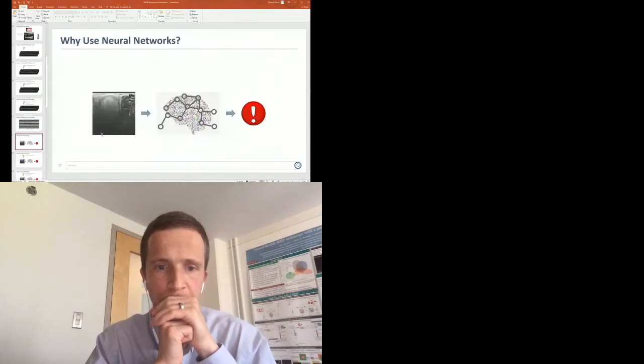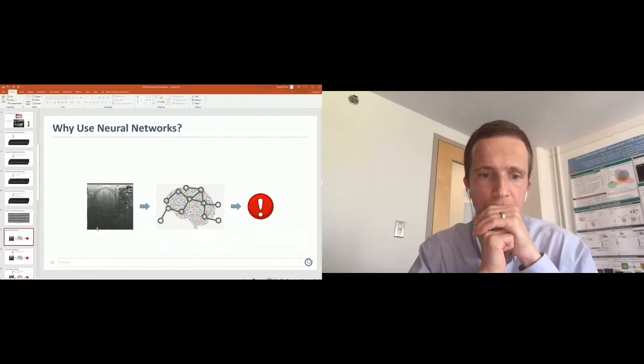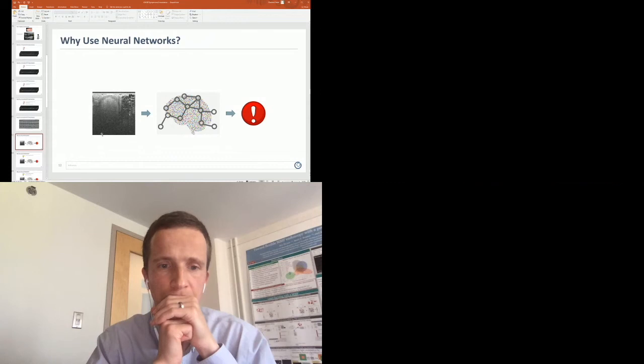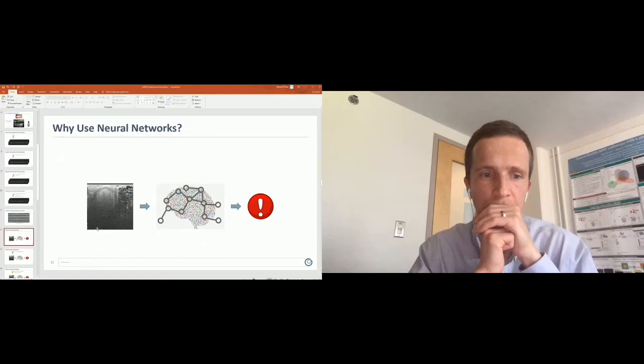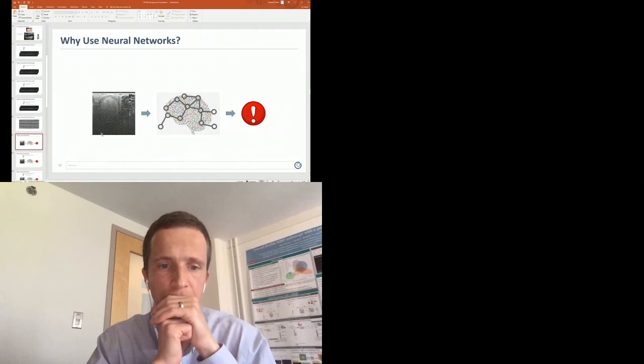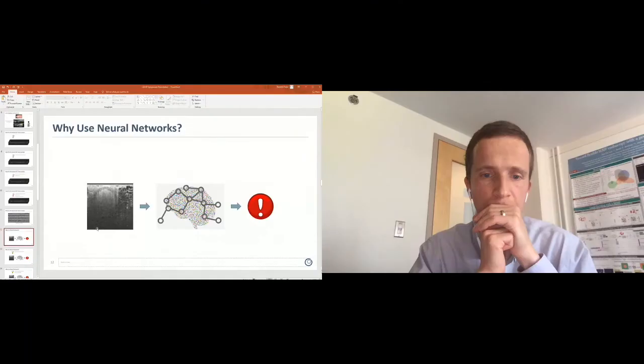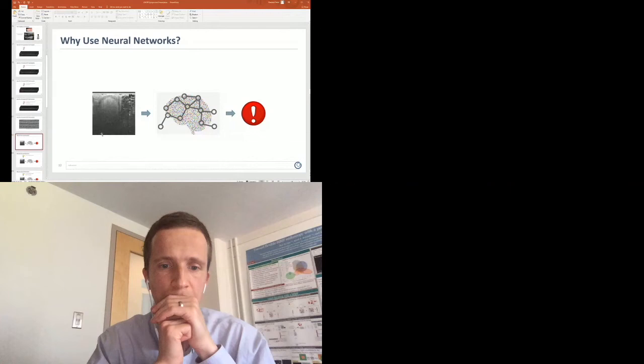And so why are neural networks the way to go here? When I first looked at these images, I thought, wow, it's so difficult, because not so long ago you would approach this problem by designing certain filters or feature extractors that would highlight this feature in the image, and then you would be able to detect them. But in this particular case, there's such a huge variety that it makes the problem very challenging.